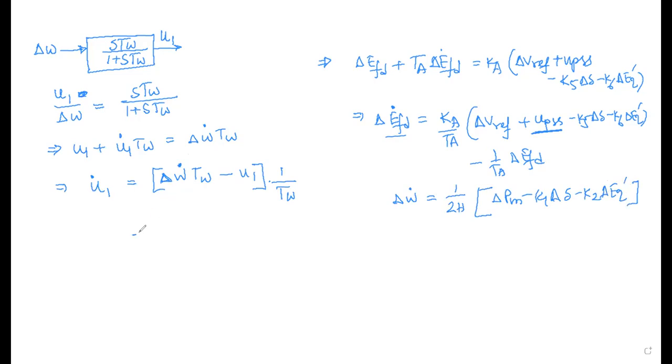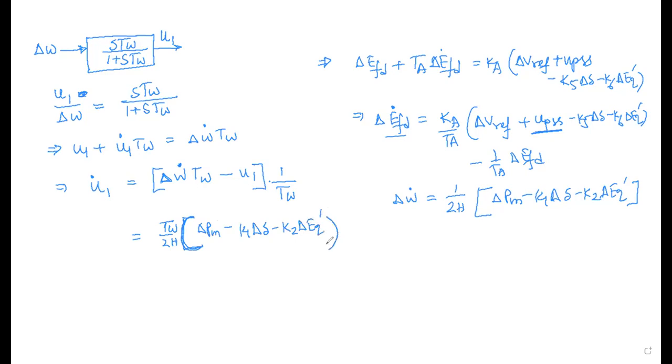So simply we have to plug in this expression here. You can simply write TW by twice H, delta PM minus K1 del delta minus K2 del Eq dash.